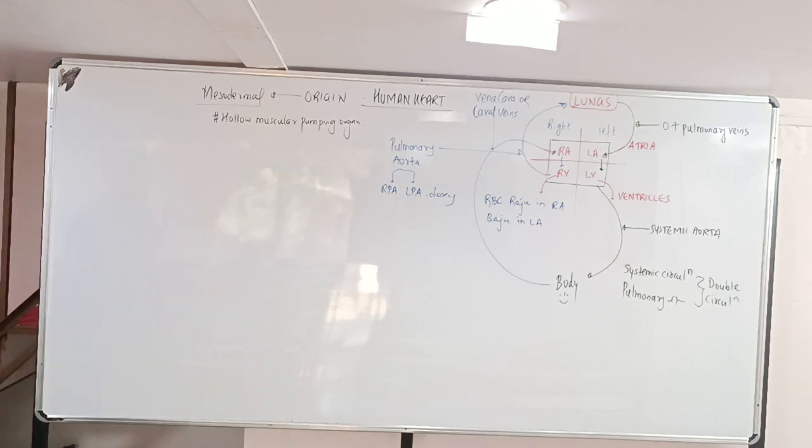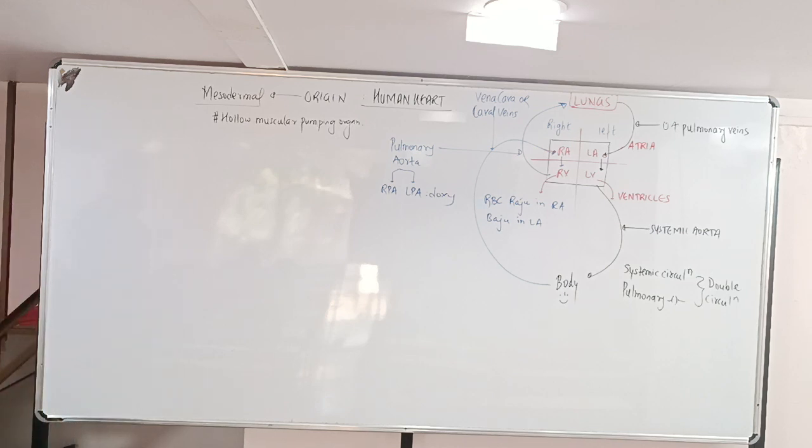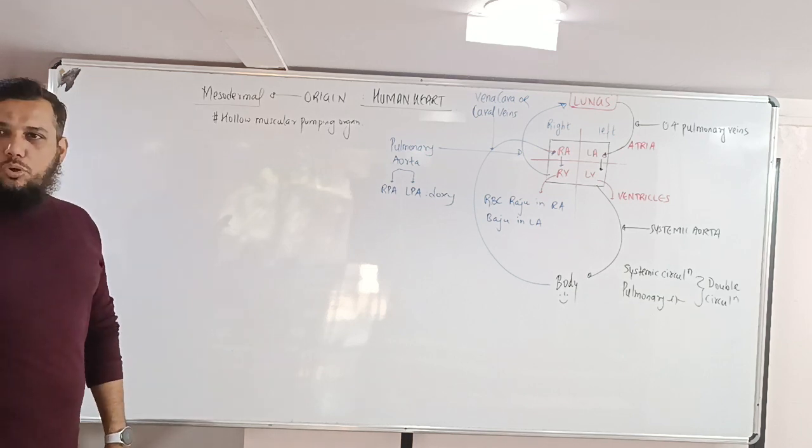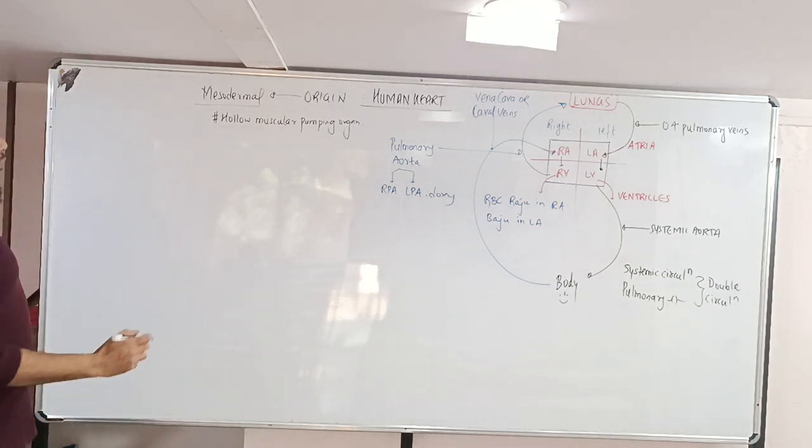Right? Who is right? The heart. It's a hollow muscular pumping organ. Human heart is the size of your own fist. The male heart is slightly larger than the female heart. So, who has the bigger heart? I have told you the reason. Got my point? Where is the human heart located?